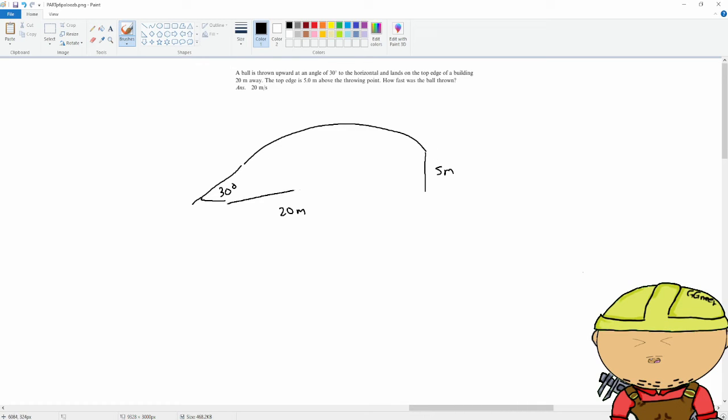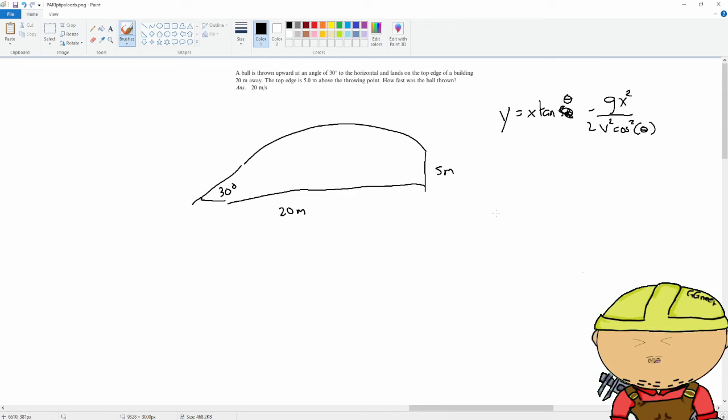Oh, this is like the previous problem, but there you were asked to get the time of flight. We have time. We could solve this via components. For you guys watching at home, you could use the trajectory equation, just like what we did before.